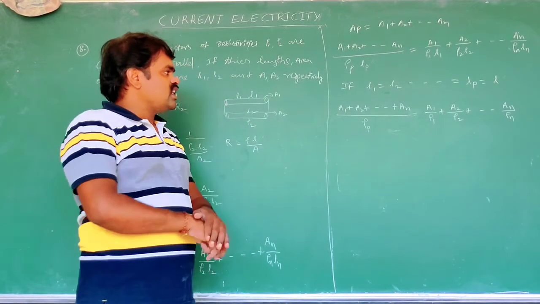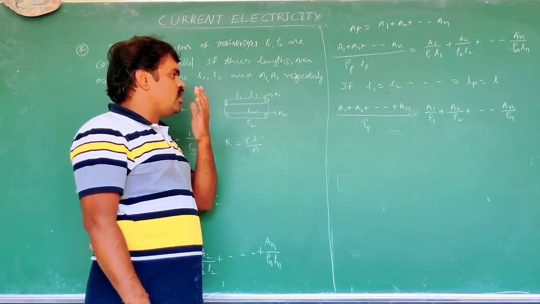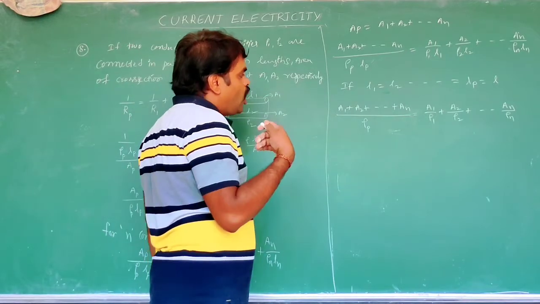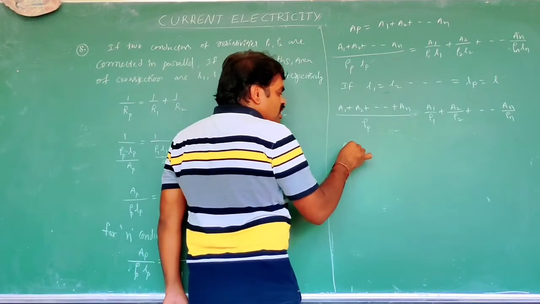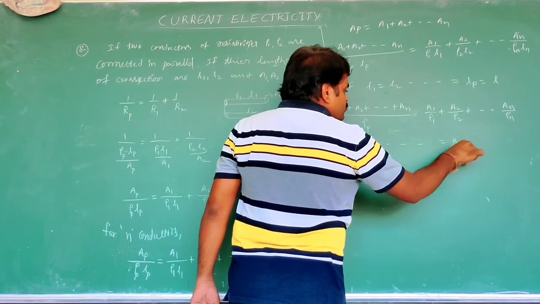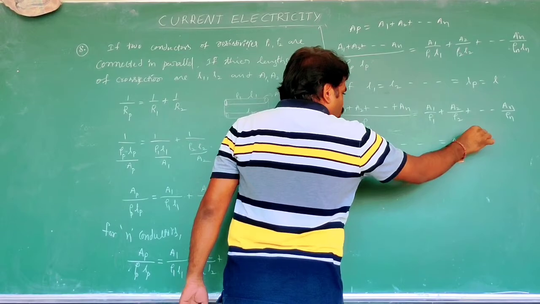Now if the cross-sectional areas of all the conductors are equal, that is A1 is equal to A2 is equal to up to An, which is equal to A, we consider this.